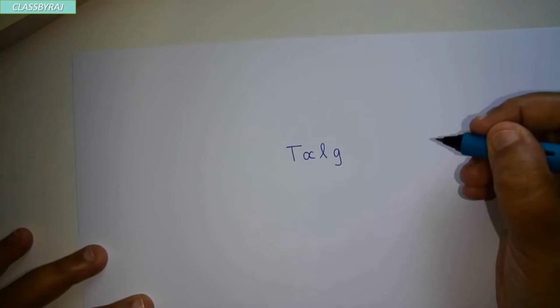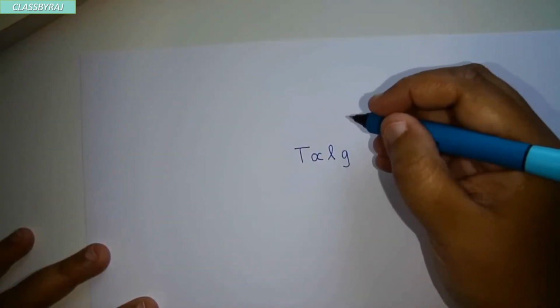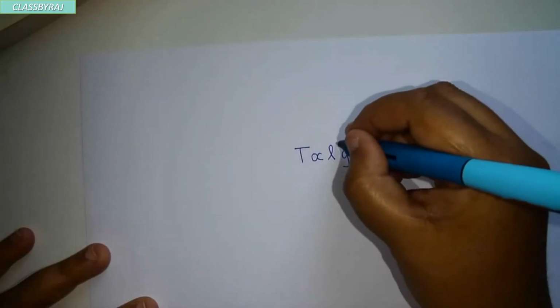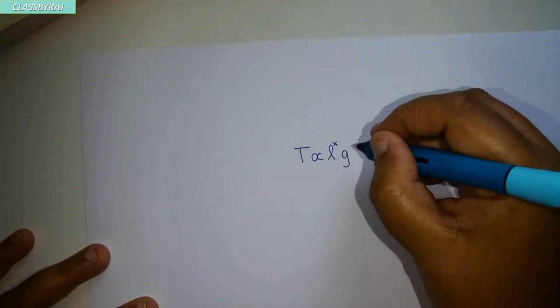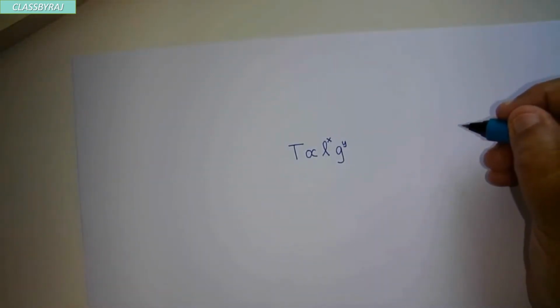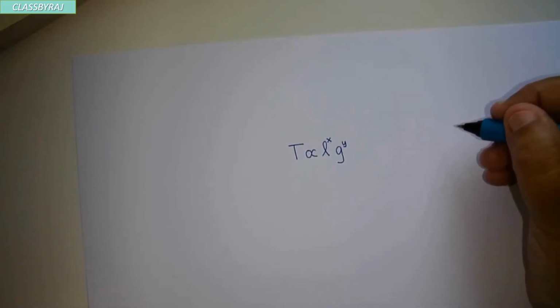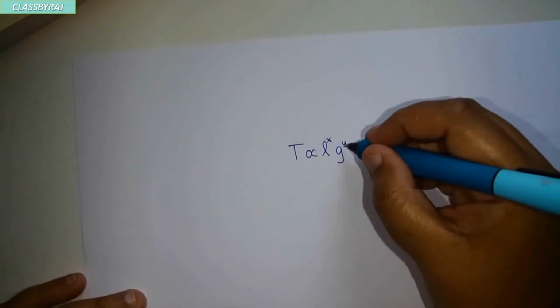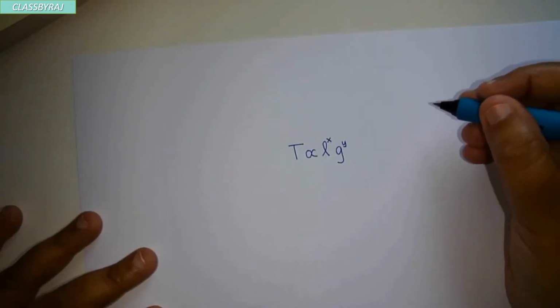So what we do is at this length we put an index, which is a dimensionless constant. Here we put x, here we put y for g. Okay, because we want to know how much they are related to each other. This x and y are dimensionless constants. You can also put any alphabet that you like.